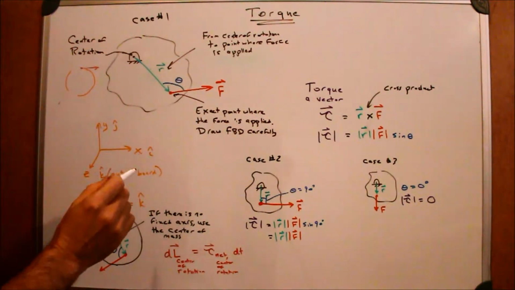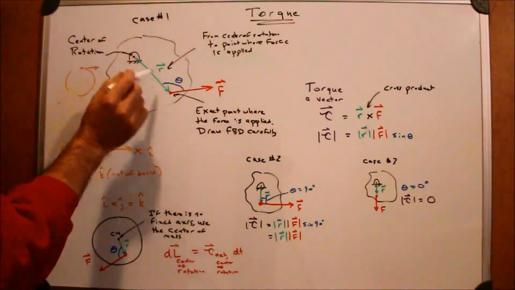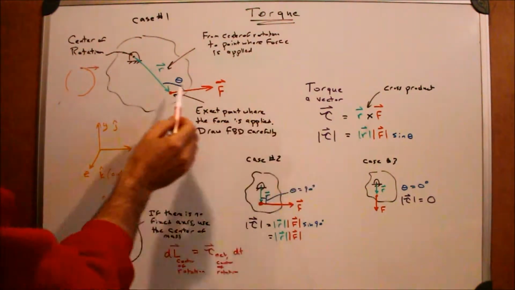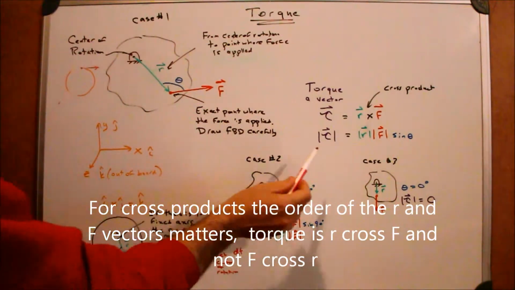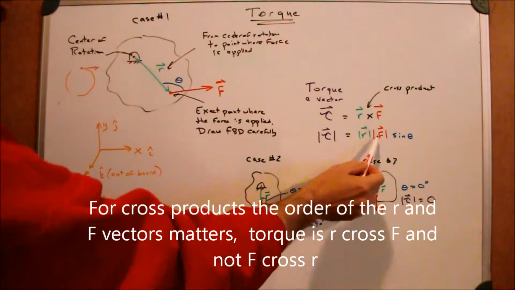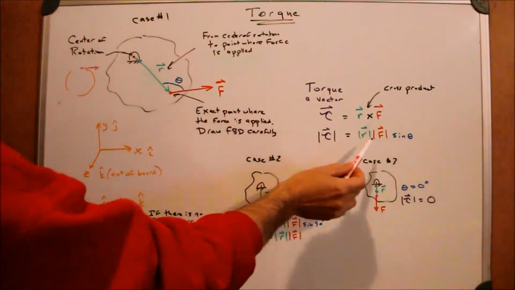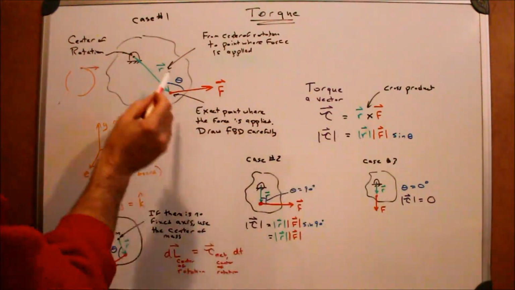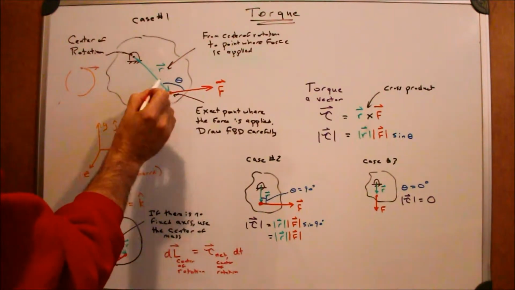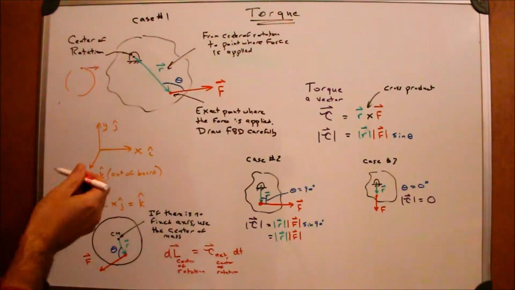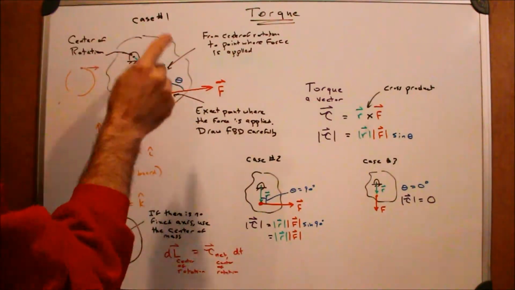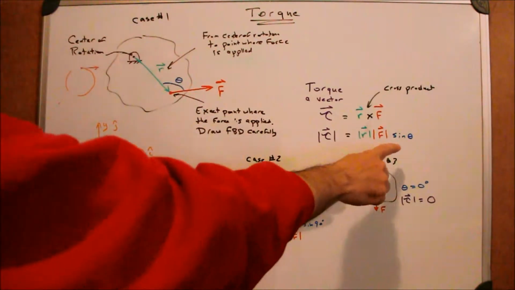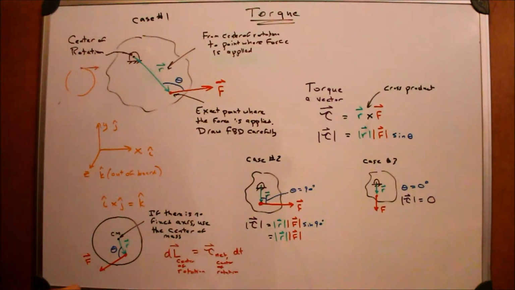That's my R. Now torque is a vector, and it's just the cross product of R cross the force. The magnitude of that is the magnitude of R times the magnitude of F times the sine of theta. And theta is whatever angle there is between the R vector and the force vector. Draw your theta, whatever that theta is, that's what you're going to use here.